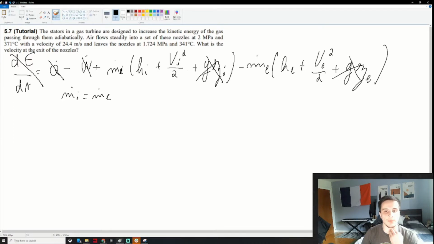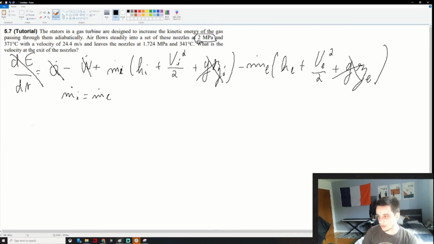And then the velocity in both the inlet and exit are also given to us. In this case here as well, we're given pressure, but we don't even need it. So in any of this, we don't have an ideal gas equation that we would need to use, for example, to find the velocity like we did with the previous exercise.